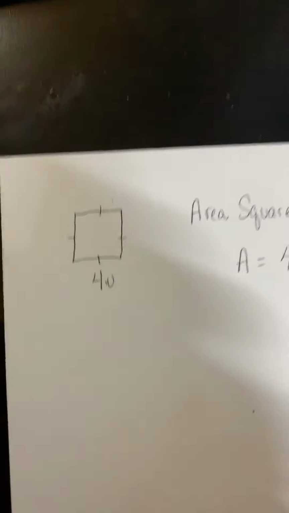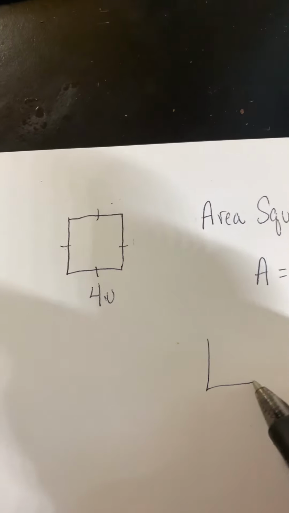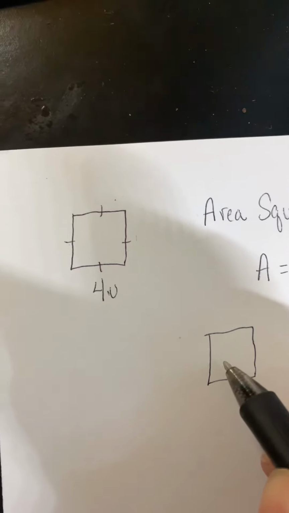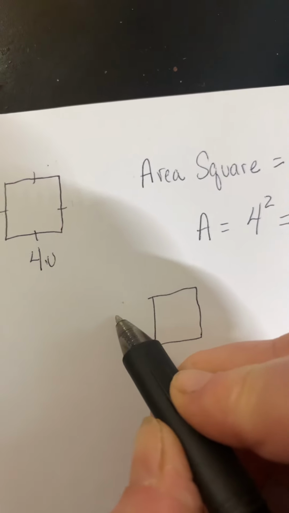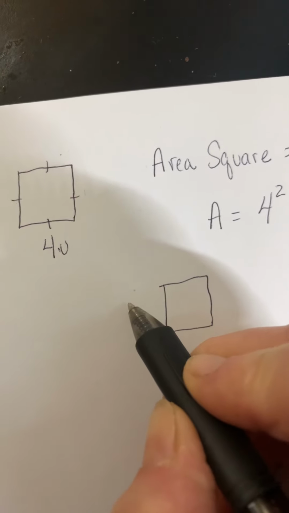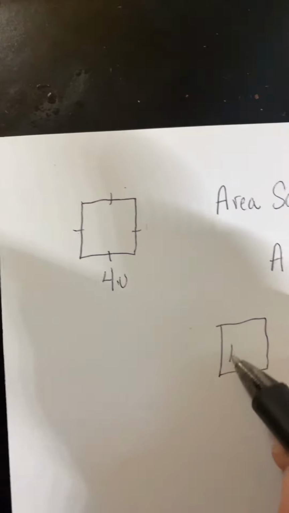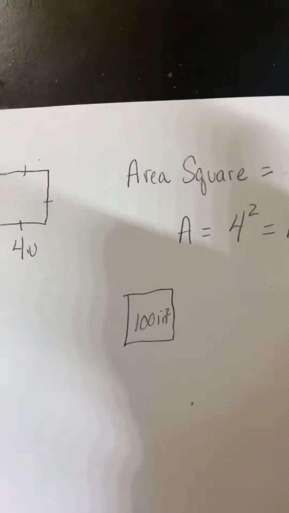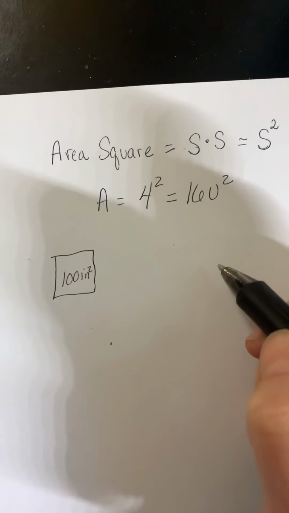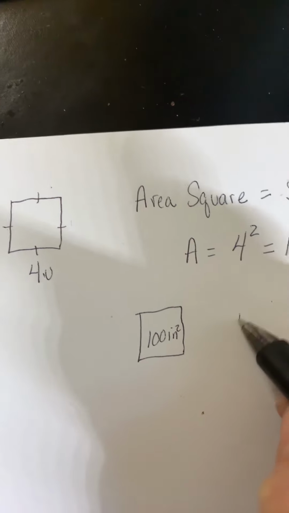So in your homework, it gave you a square, and let's pretend like we have one that says 100 inches squared. And I said, okay, what's the measurement of each side of the square? Well, area is equal to side squared.